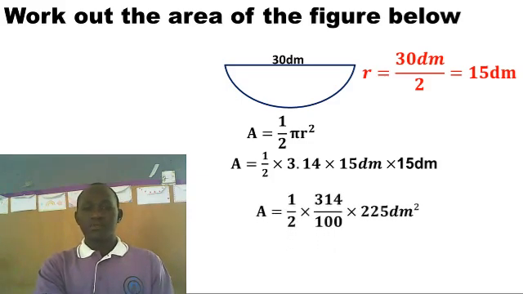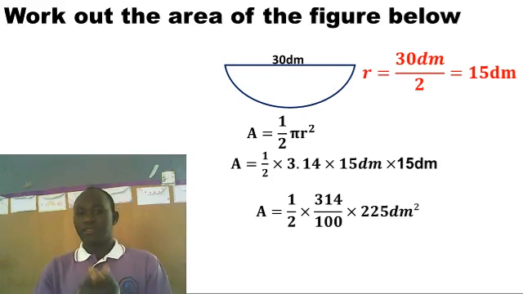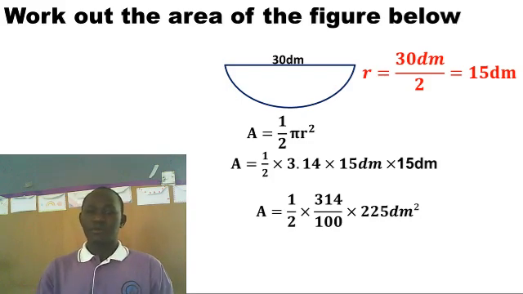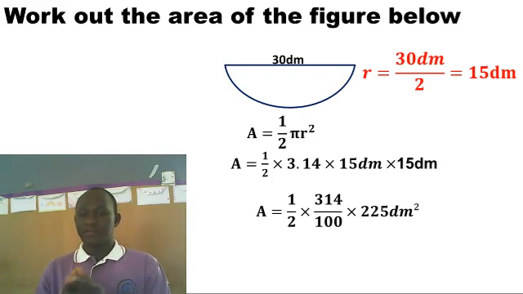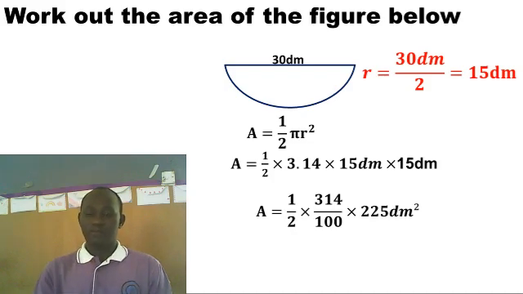So that takes us to a half times 314 over 100. I've given you this as a common fraction. Then times 225 square decimeters, because 15 times 15 gives us 225.